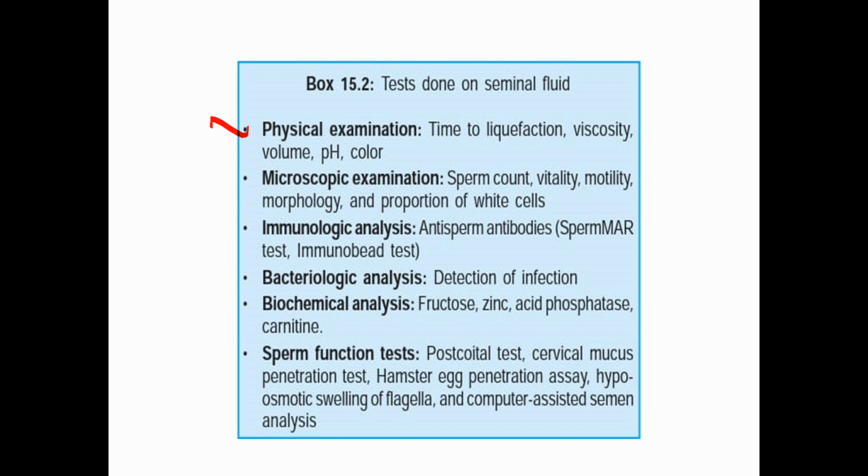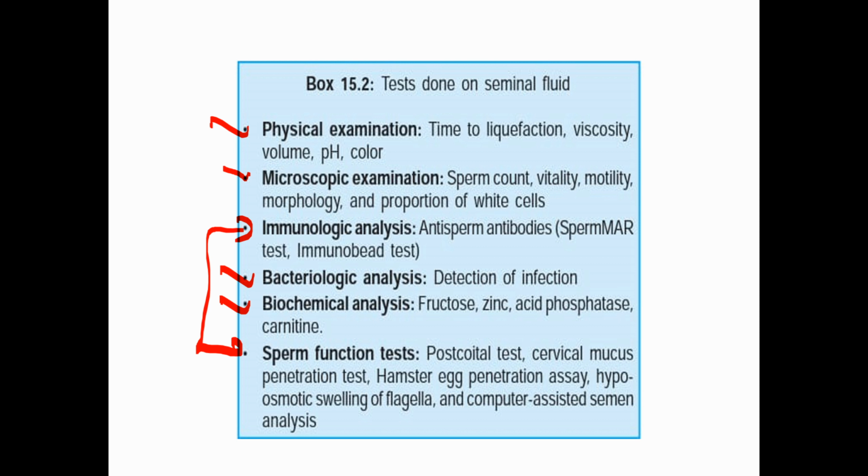Okay, so after coming into the lab, we have to perform the following tests. One is the physical, that is the macroscopic. Second is the microscopic. Third is the bacteriological and biochemical analysis. And these are the two important tests. First is the immunological test for detection of anti-sperm antibodies. In certain conditions, there is a formation of antibodies against our own sperm, so these anti-sperm antibodies need to be detected.